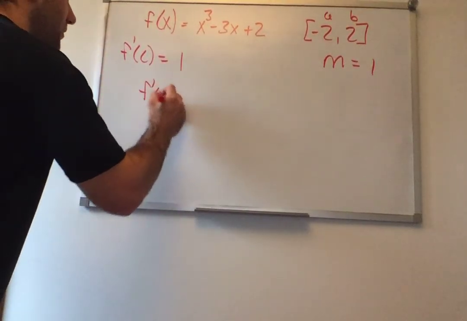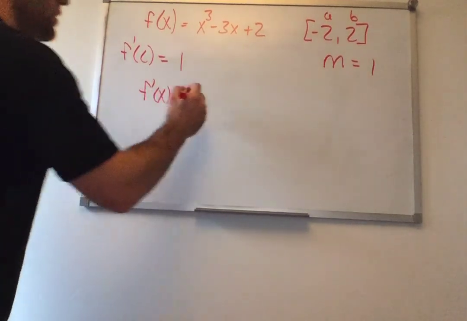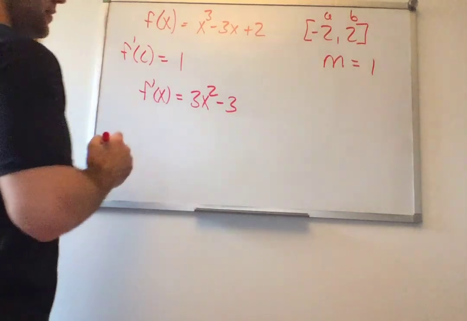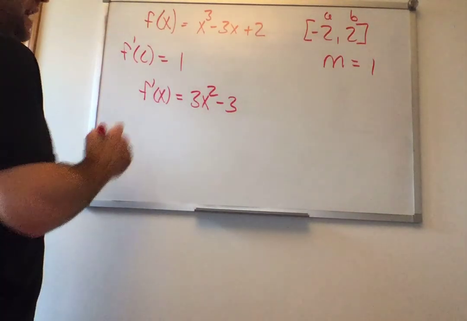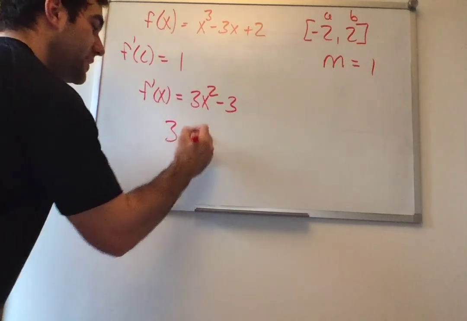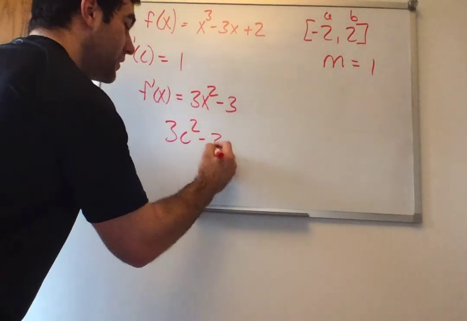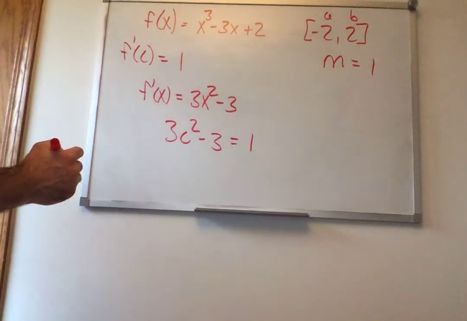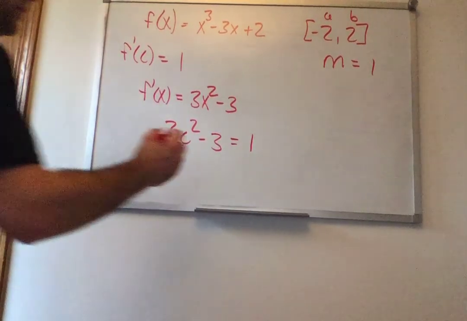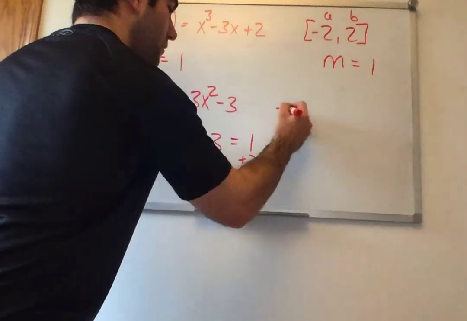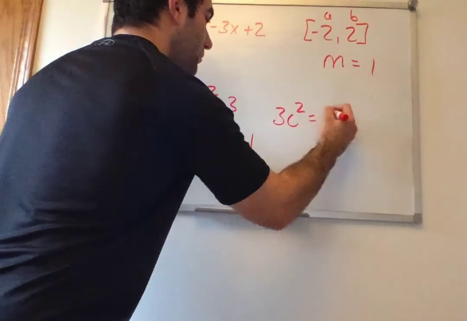f prime of x is equal to 3x squared minus 3. Now if I plug in c and set it equal to 1, you get 3c squared minus 3 is equal to 1. Plus 3, plus 3. 3c squared is equal to 4.